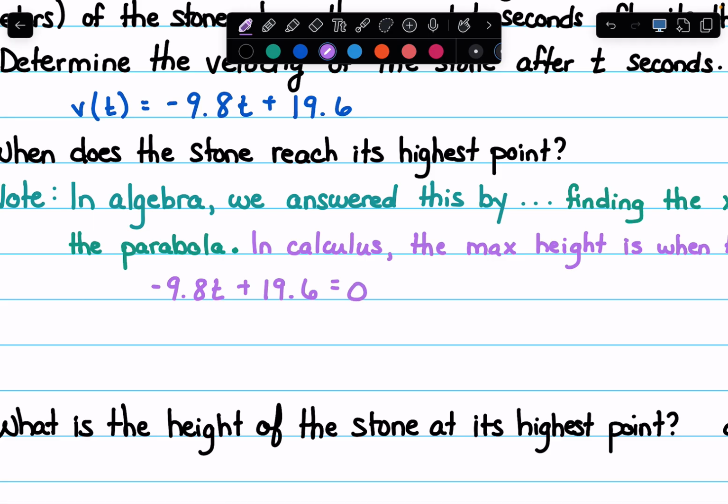And this makes sense, right? Because a derivative is the instantaneous rate of change. We just want to know the instant where it is 0, because it's not moving anymore, right? We just want to set it equal to 0 and find it. That's how we would do that.